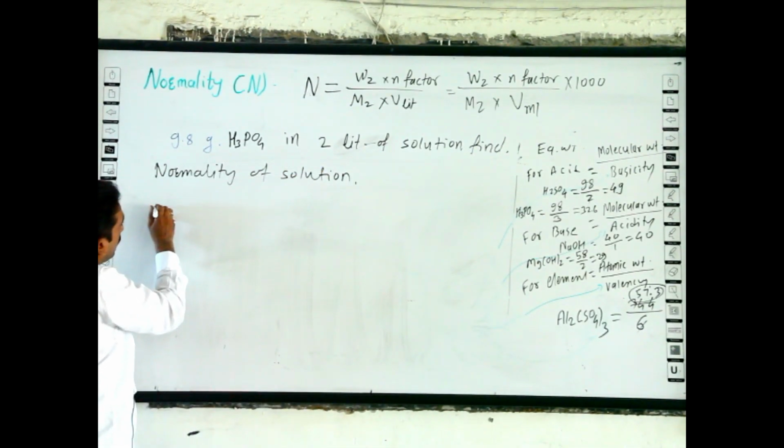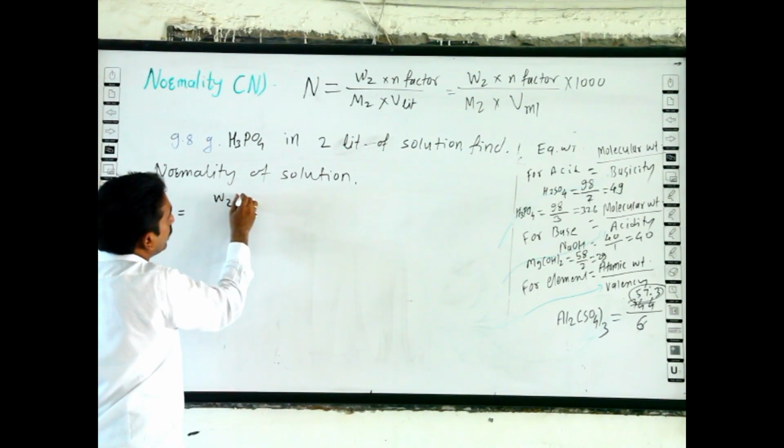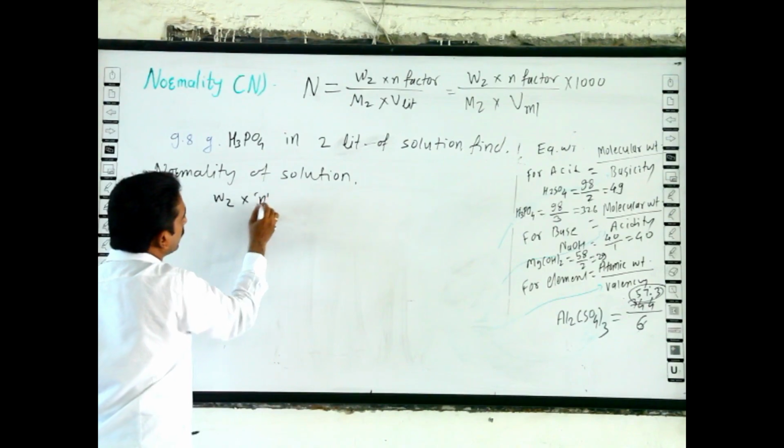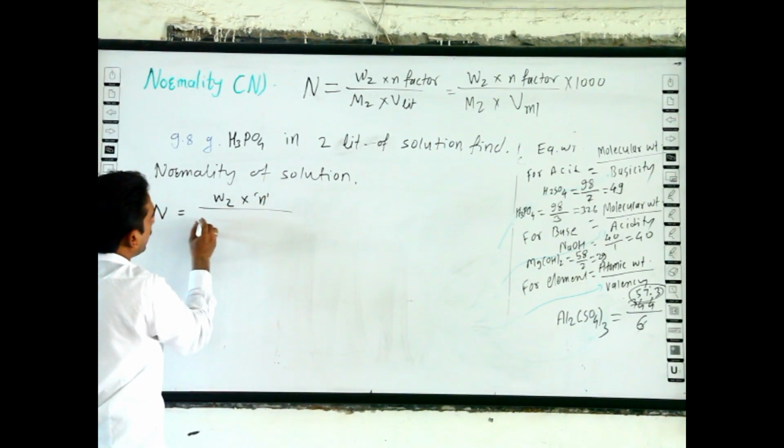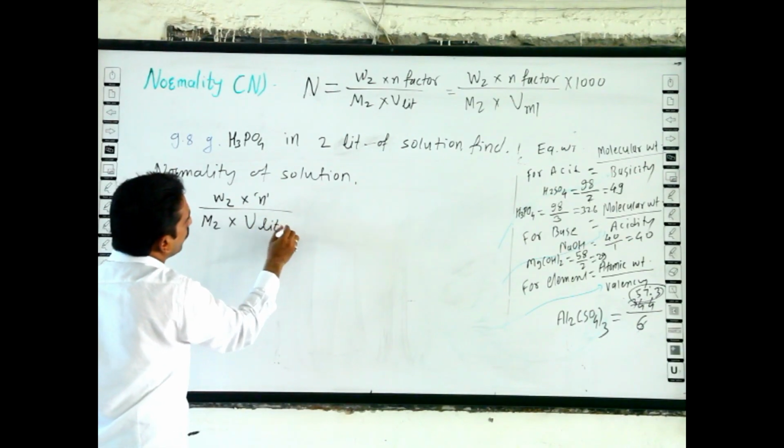Here the formula is N is equal to W2 into N factor divided by M2 into V liter.